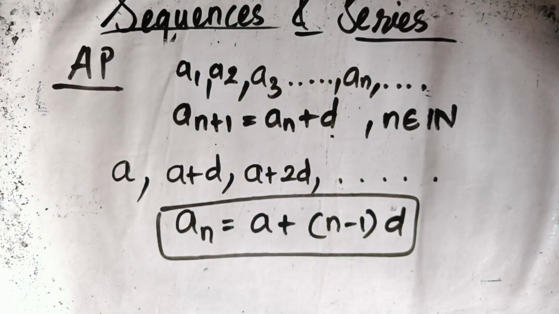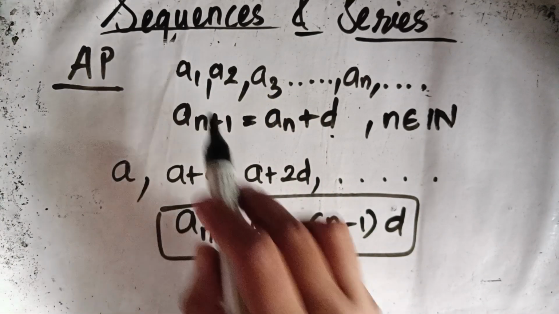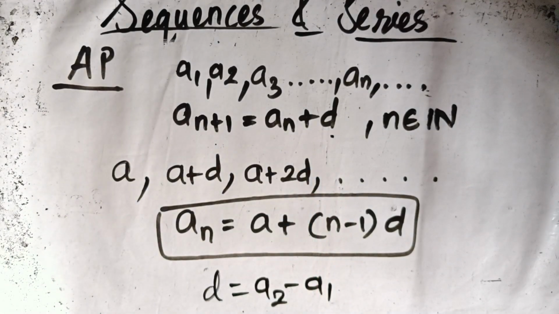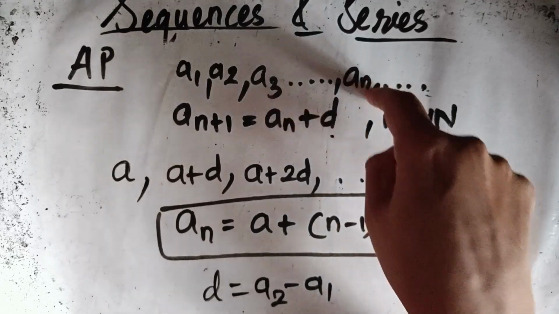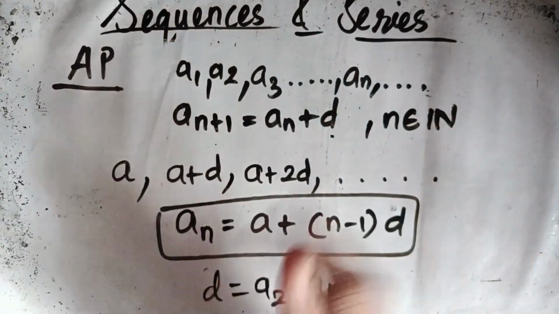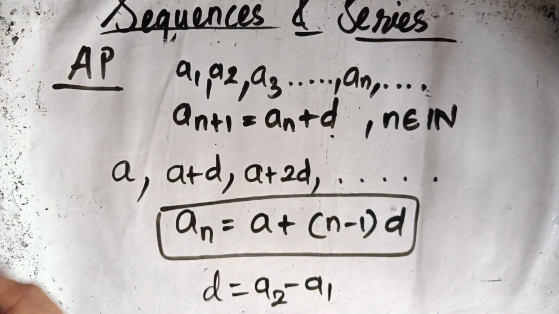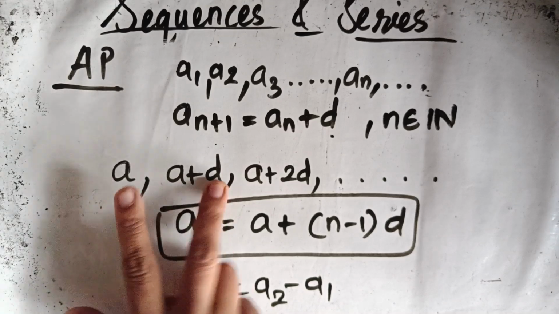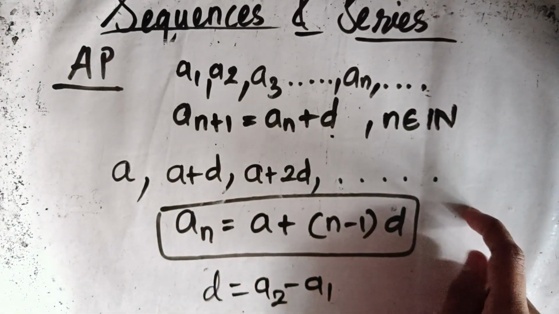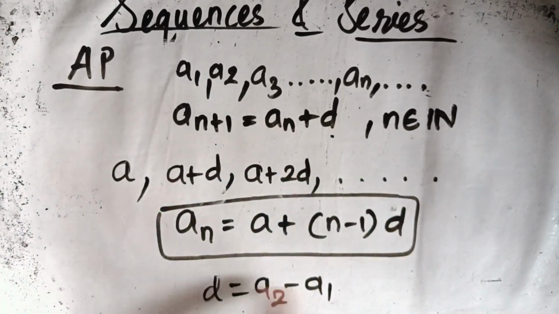Okay, so how do we find the common difference? d is a2 minus a1, that is, the second term minus the first term. That common difference should be the same for all the terms. Okay, then only we can say that the given sequence is an AP. And we can write the AP if we have the first term and d. And this is the general term which we are going to use.